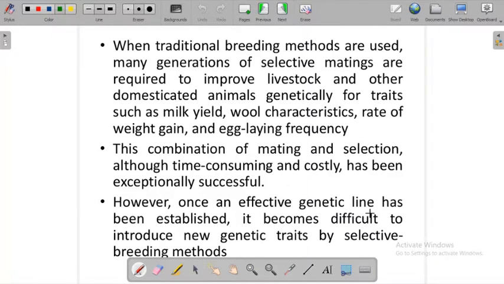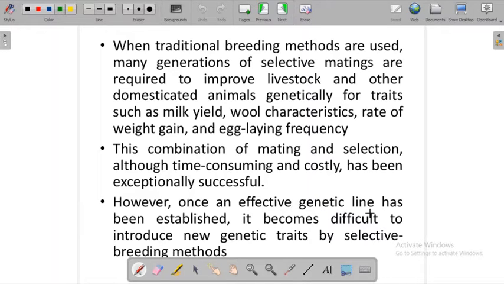If we are breeding a good quality animal or livestock by the selective breeding method, then we are getting animals with the same genetic pool, the alleles of their parent content.